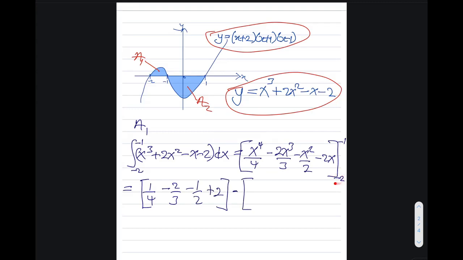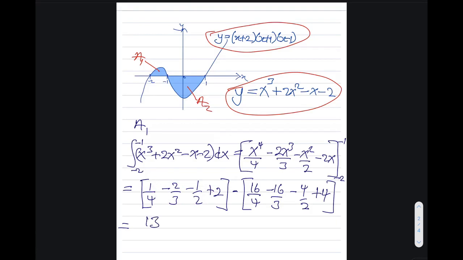Now we are going to put -2 into where we find x, and when we do that, we should expect to get 16/4 minus 16/3 minus 4 on 2, then plus 4. When we simplify what is in here, what do we get?